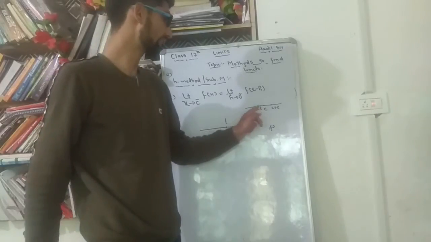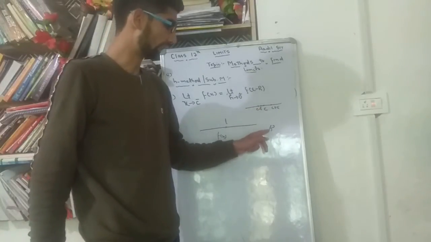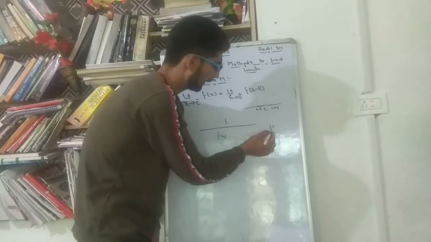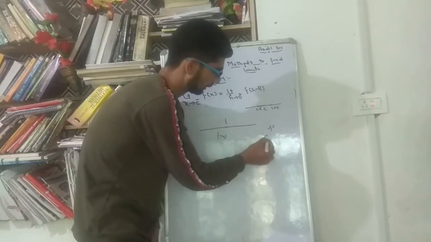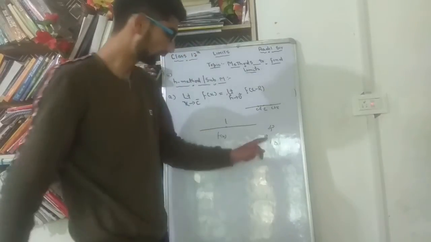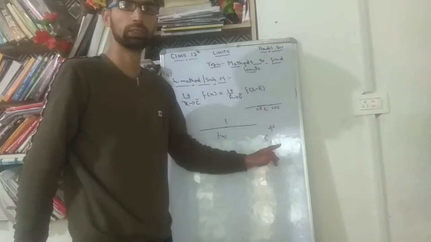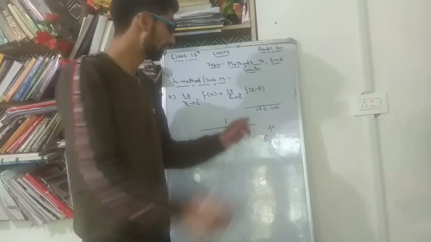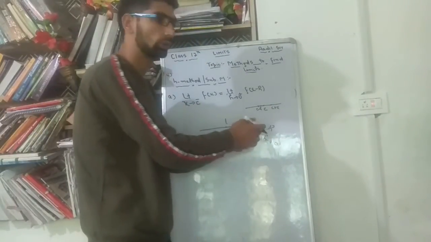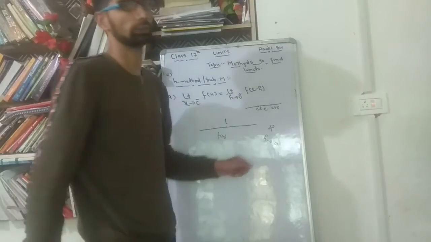So this C and c minus h are at a distance of h. Now if I turn this distance h to 0, that means this point will get close to C.